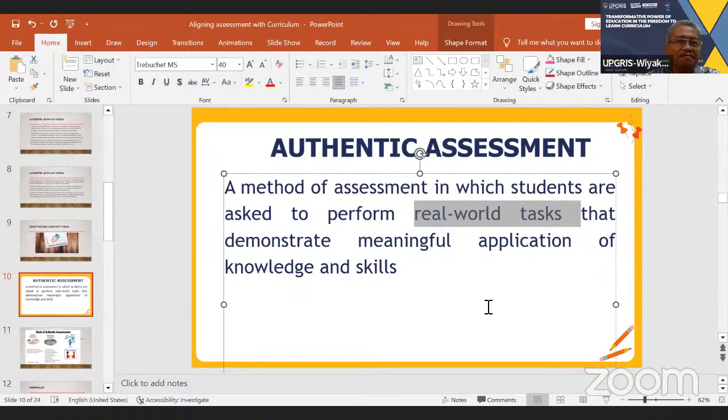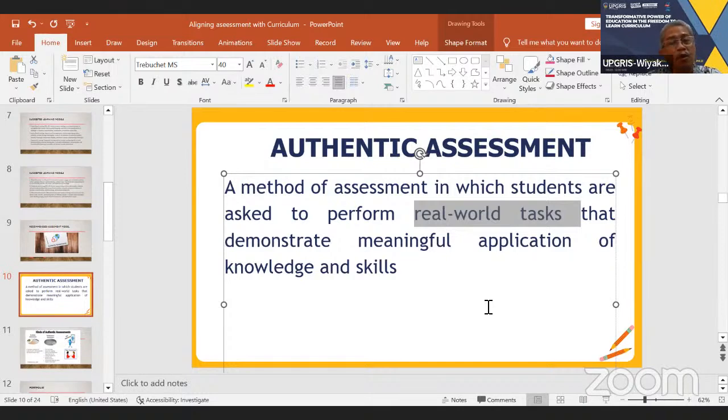Just take an example. When we have a reading class, students join the reading class from day to day or from week to week. And at the end of the period, the teacher will give them a test. And the test, I guess, is in the form of multiple choice.